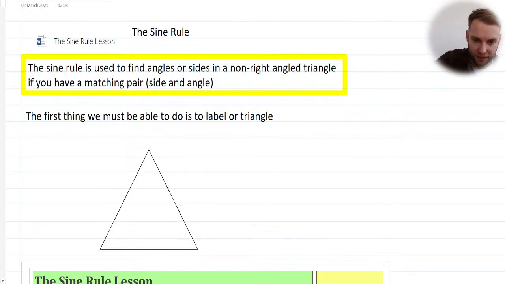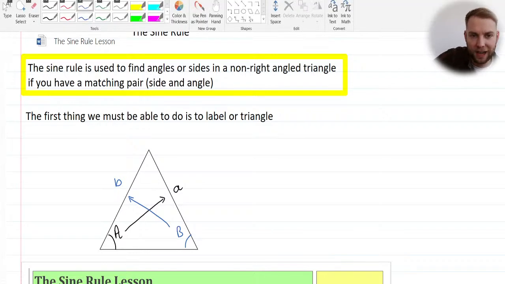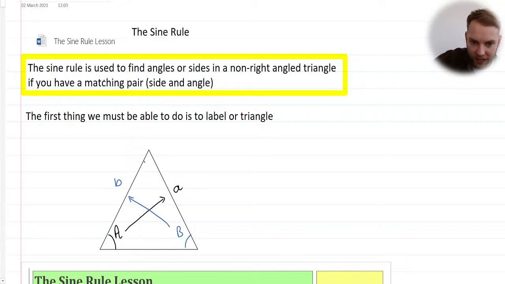So let me show you what I mean. So if this one here is capital A, opposite here is little a. I'll do a different one in another colour, so it's always A, B, C. This one here is capital B, and this one here opposite is going to be little b. And I'll do the last one. So this one here is capital C, and down here is lowercase c.